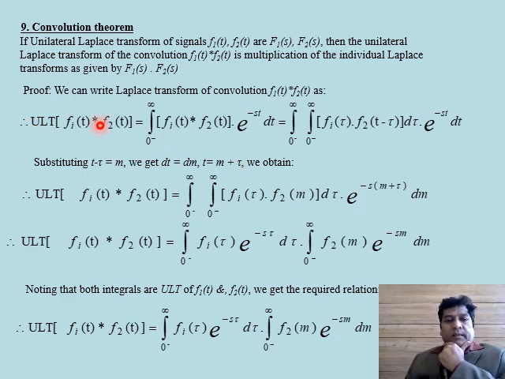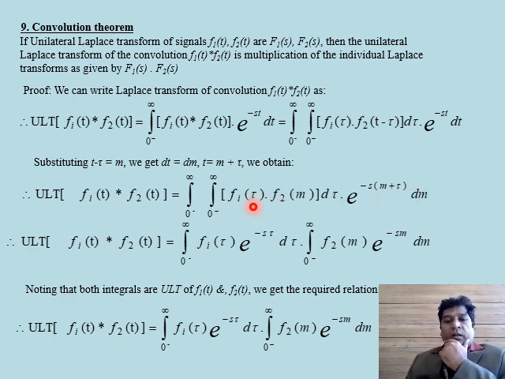Now this ULT of f1 convolved with f2 becomes this double integral: f1 of tau, the second one becomes f2 of m, the d tau we are writing as it is, and here this e power minus st is there. The t will be replaced by m plus tau, and dt will be replaced by dm. Now we can factor this into two integrals.